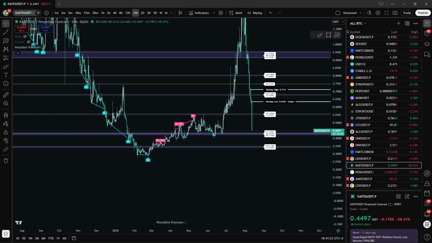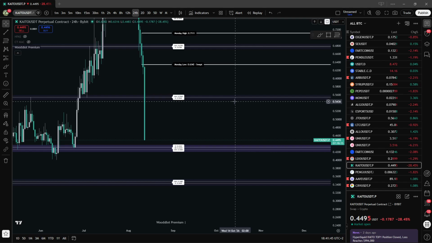But this is good for longs, because longs get paid 0.4% every funding period. If it's gonna bounce, it's gonna be bouncing from the level, especially if it has negative funding.